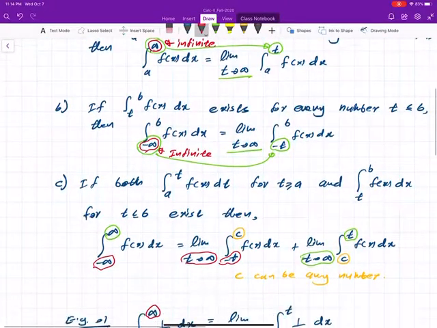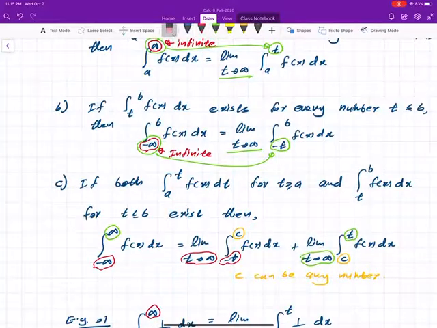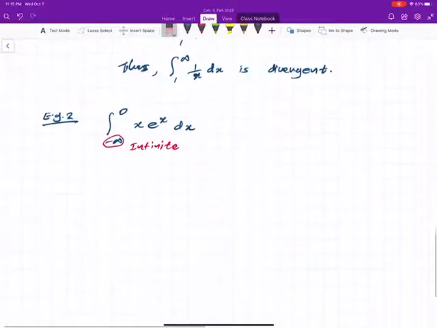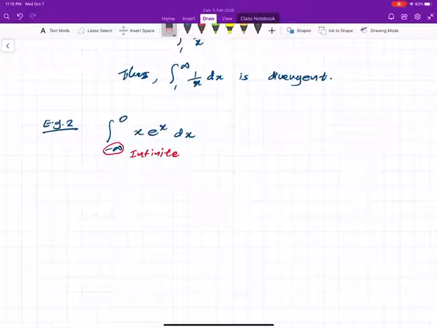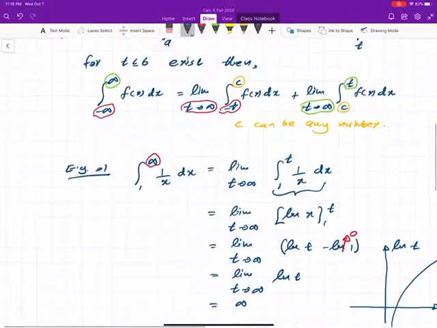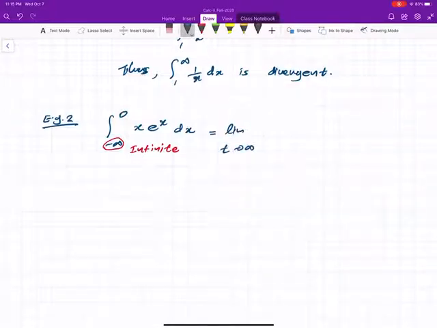It is actually case B. So what you do is you just introduce a limit. So you write this to be limit t goes to infinity, integration from minus t to 0 of x e^x dx.